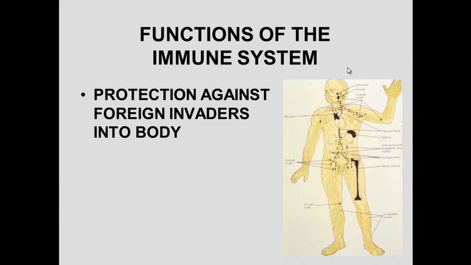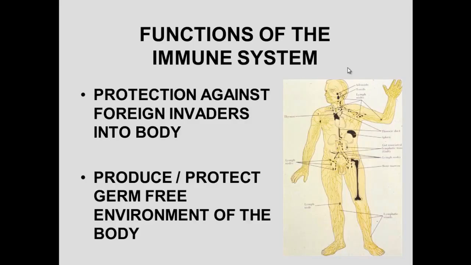Now, the function of the immune system is to protect against foreign invaders of the body, and there are many invaders: viruses, parasites, bacteria, lots of things that are trying to invade the body, and to protect the germ-free environment of the body.